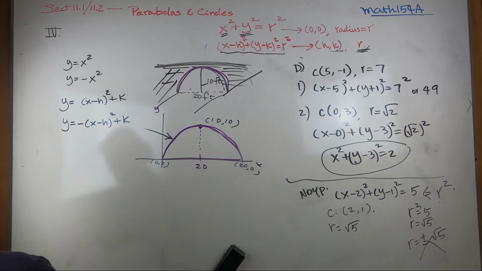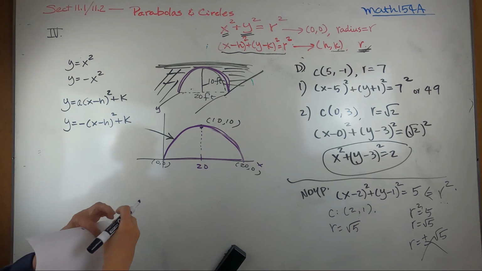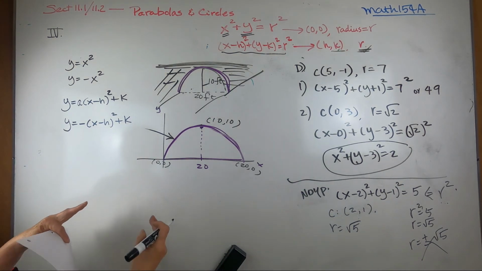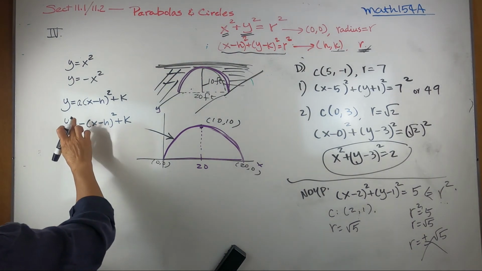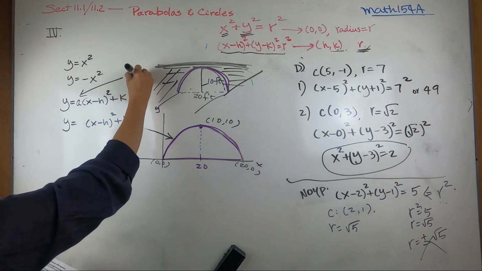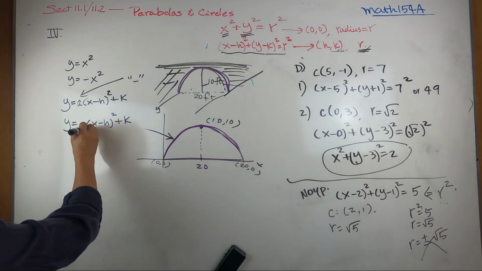Oh yes, forgot about this. We should have a. Maybe it's not just a simple one. It might be stretched, right? So, but we know a is what? A negative number because it opens down. So we use a here.